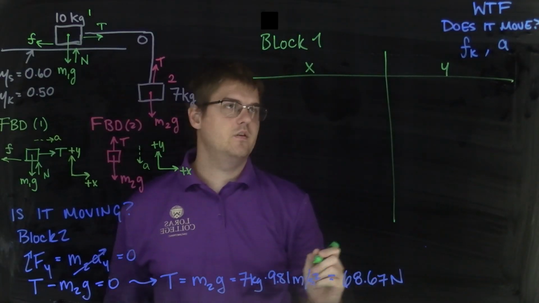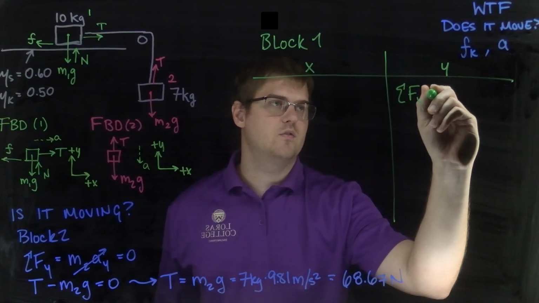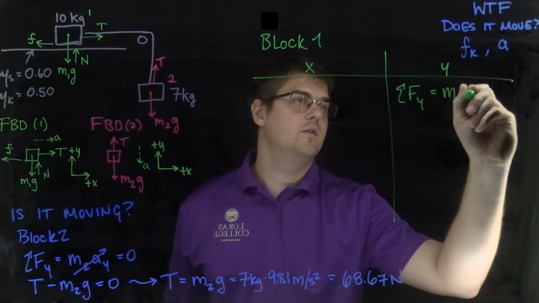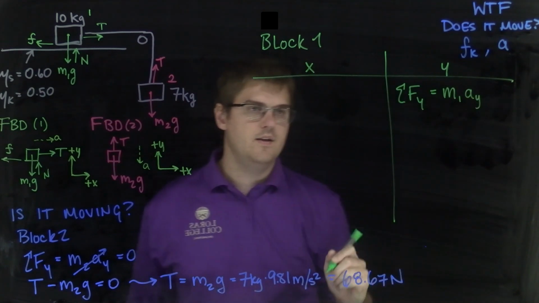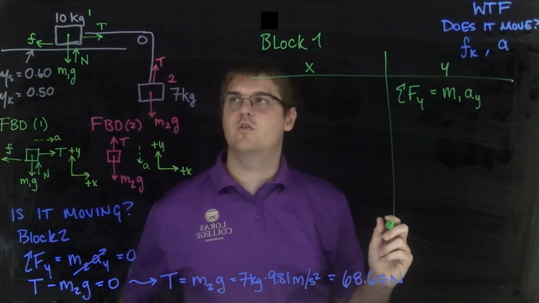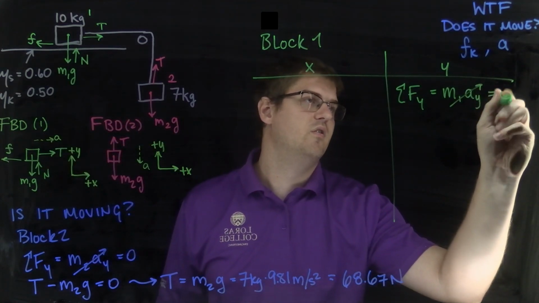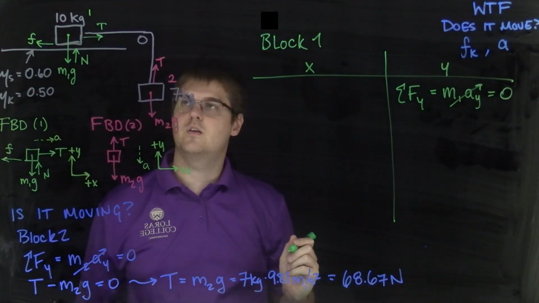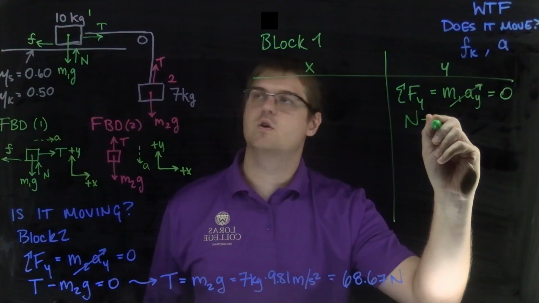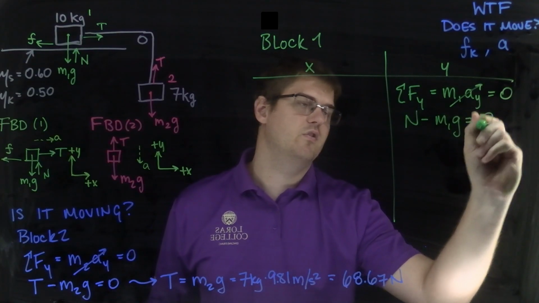In my y-axis, the sum of forces in the y is equal to the mass of block 1 times my acceleration in the y. In this case, not only are we assuming the acceleration is very, very small, going up and down the acceleration truly is 0. So the sum of forces in the y has got to be equal to 0, which means normal force minus the mass of block 1 times gravity is equal to 0.